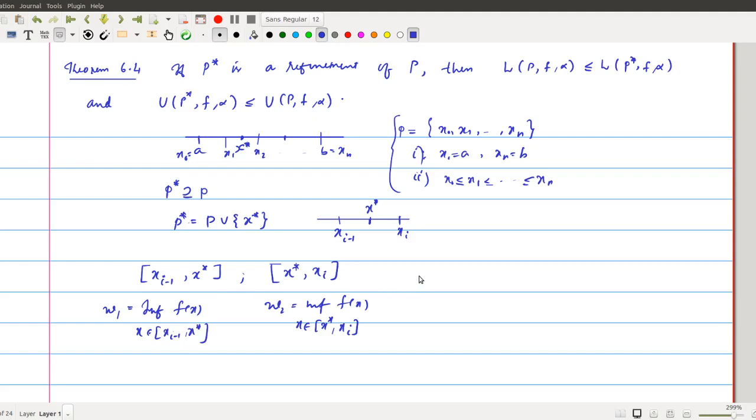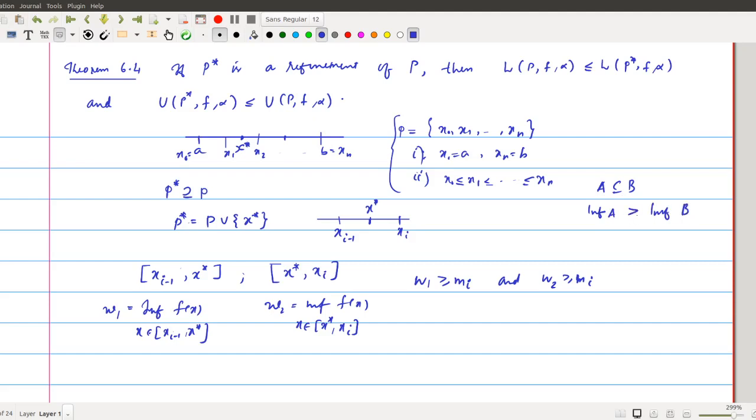Now we can easily say that w1 is always greater than or equal to m_i, and w2 is also greater than or equal to m_i. This is because each is a subset of [x_{i-1}, x_i]. If A is a subset of B, what is the relationship between infimum A and infimum B?